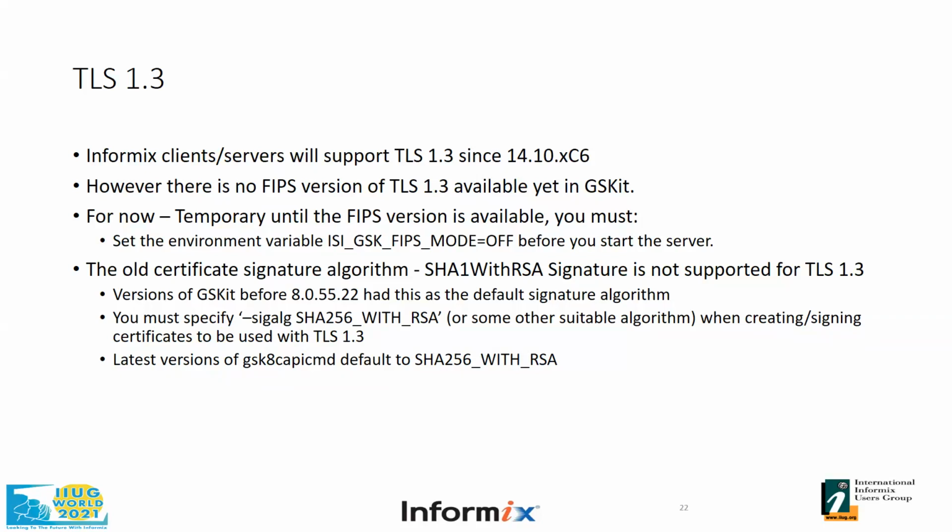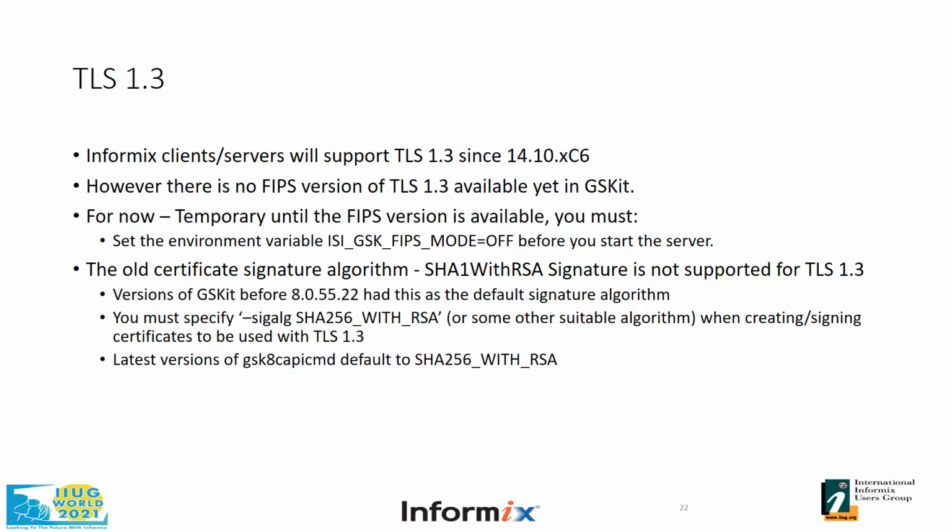So if you're using a version of GSKit older than 55.22, which probably won't work with TLS 1.3 anyway, but if you're going to create a certificate, you have to specify the signing algorithm SHA256 with RSA or some other suitable algorithm when you're creating or signing certificates to use with TLS 1.3.